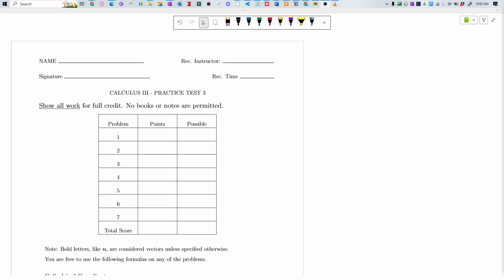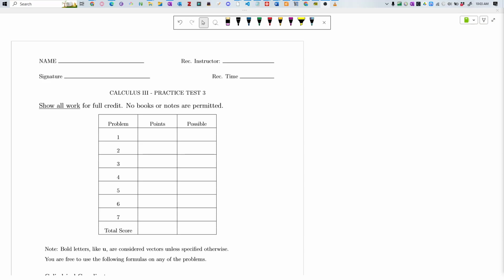All right, so the plan for this is that I'm going to do a live solve of practice test 3, and I'll upload the video as well as a printout version of this. I also plan to prepare a typeset version of the solutions, which should be cleaner, and in doing so, I'll be able to check if there are any mistakes that I make in the live solve.